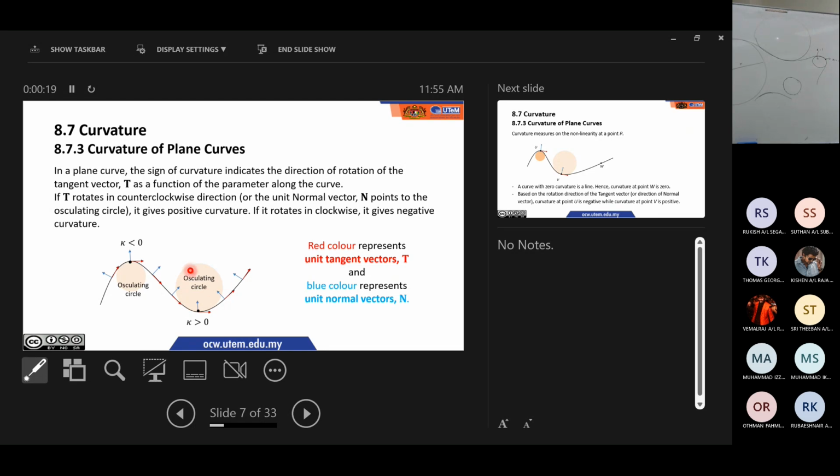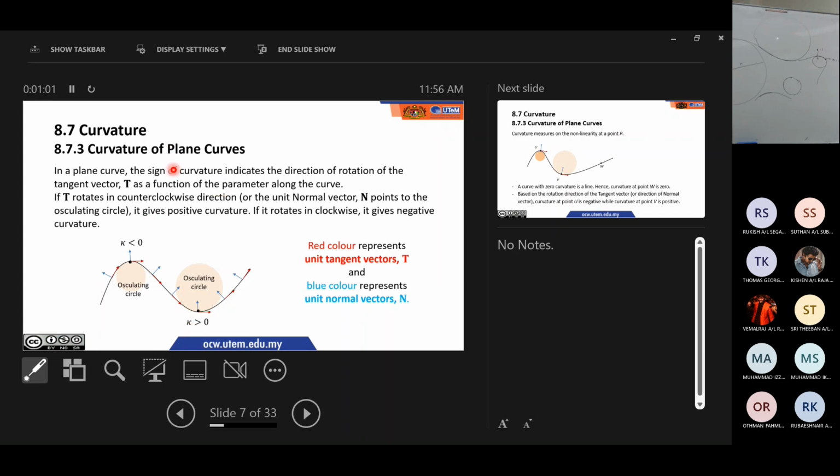When you have a plane curve, your curvature is either positive, negative, or zero. If the curve is in space, in 3D, your curvature will always be non-negative. Non-negative means starting from 0 up to positive infinity. Only when you have a plane curve will you see a plus or minus curvature. Otherwise, in 3D, you have only non-negative.